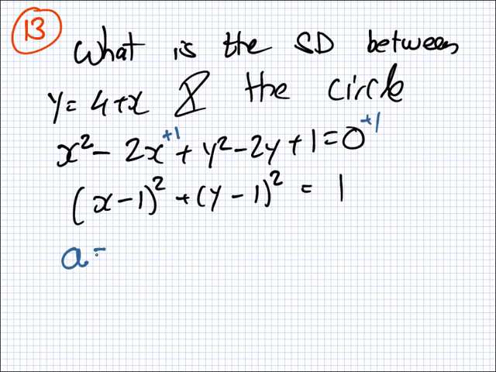What's the a here? 1. The b? It's minus 1 because you have to take it over. The c? 4. The x1? 1. The y1? 1. The radius? 1.